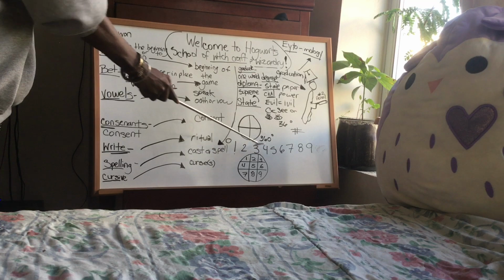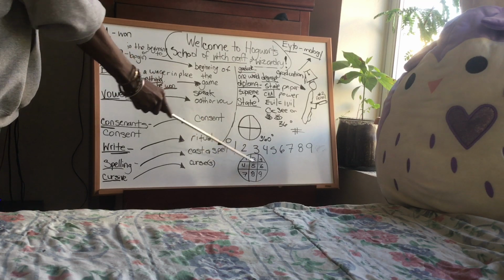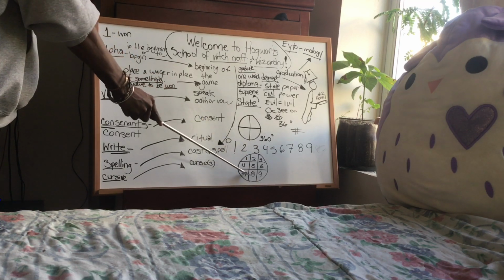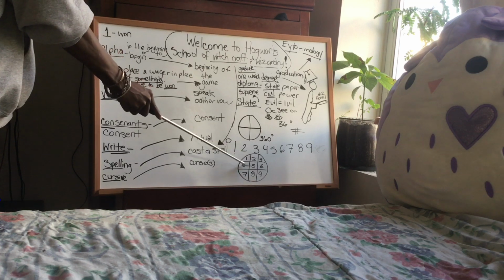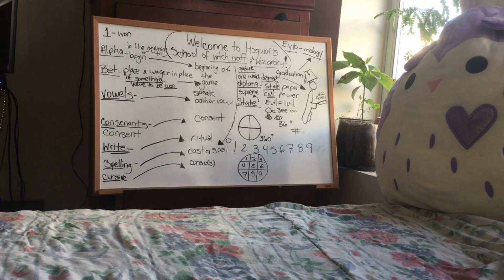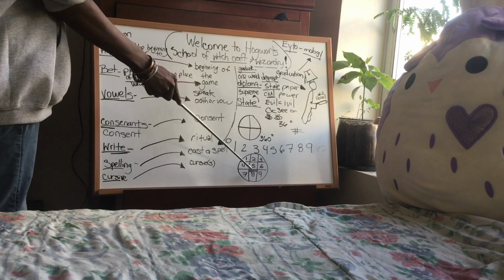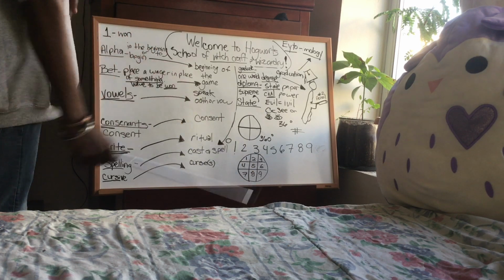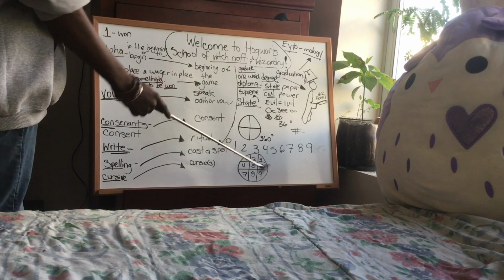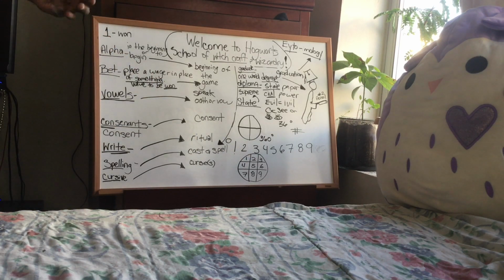The 10 is right here. 1, 2, 3, 4, 5, 6, 7, 8, 9, 1, and then the circle is 10. What's 20? 2, and then a circle. Literally every single number in existence is in this circle or this number wheel. There's only 9 numbers, and the 0 is not a number. The 0 is neither even nor odd.